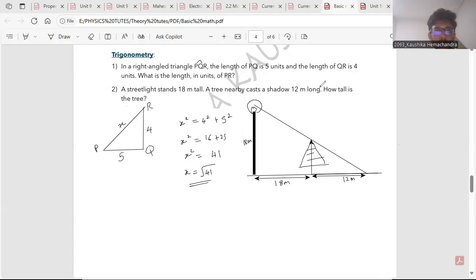So they are asking what is the height of the tree. This is the shadow of the tree, 12 meters. Send the answers in the chat.